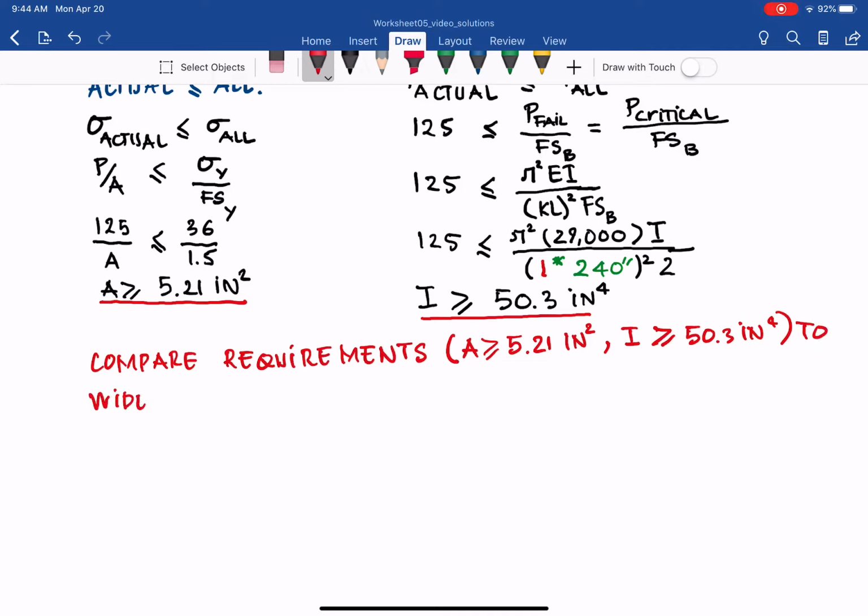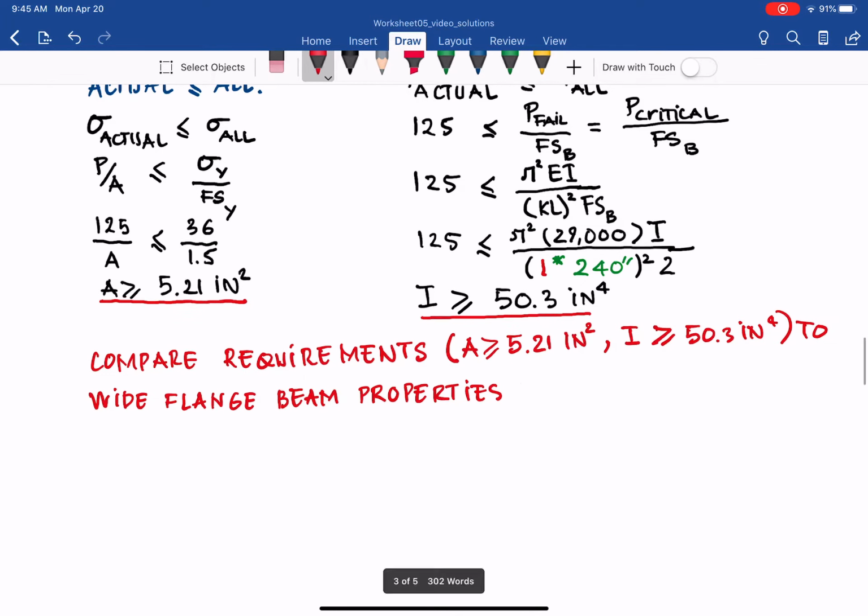So we compare the requirement to wide flange beam properties, which we can find in Appendix C of your textbook.